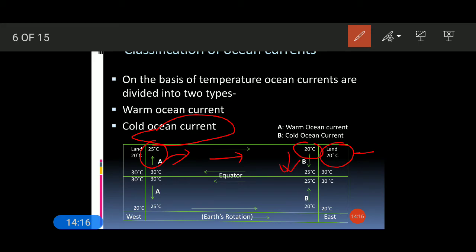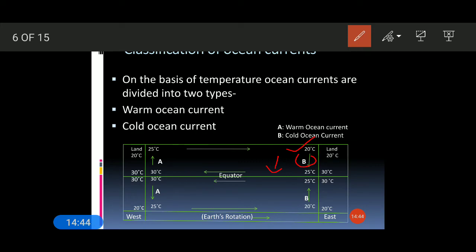As it moves towards the equator, let me show you once, the temperature of this current was 20 degrees Celsius there at 40-degree latitude, but when it moves towards the equator, the temperature gradually rises, because the equator is a warm region.